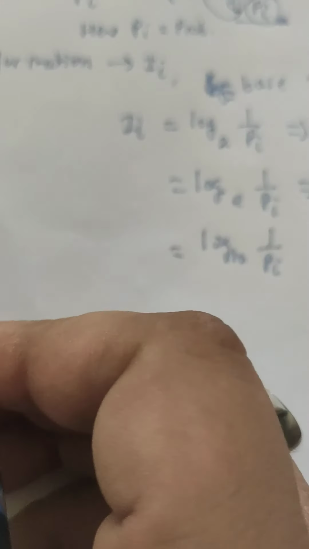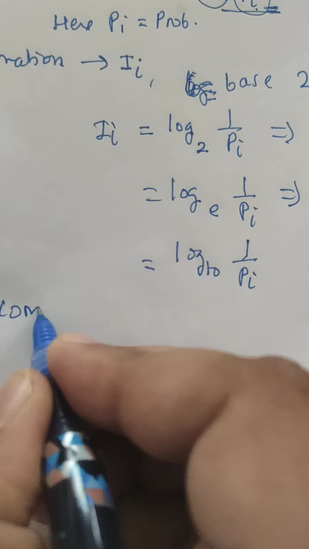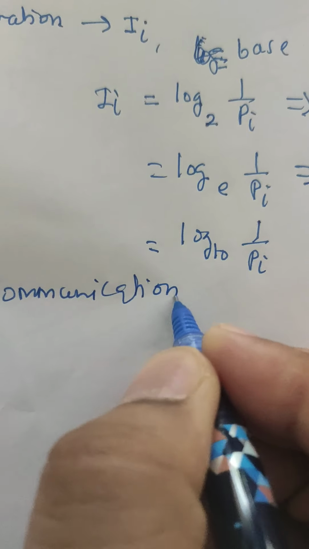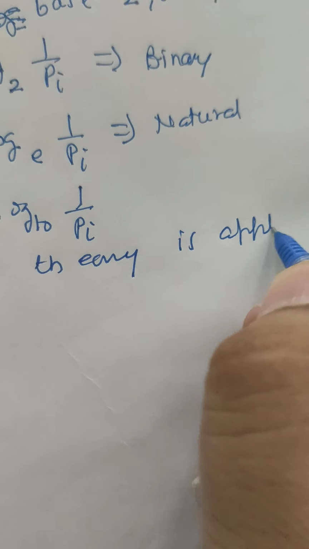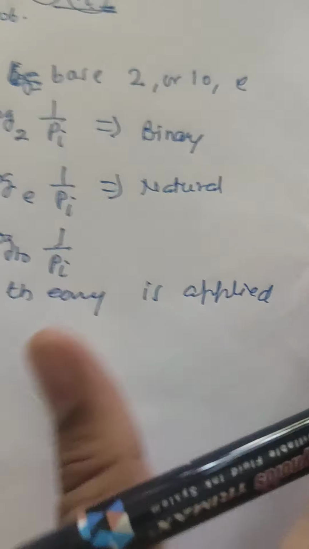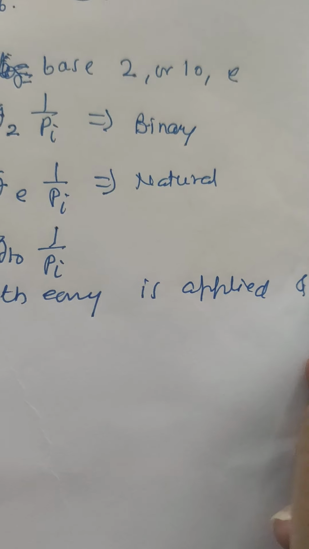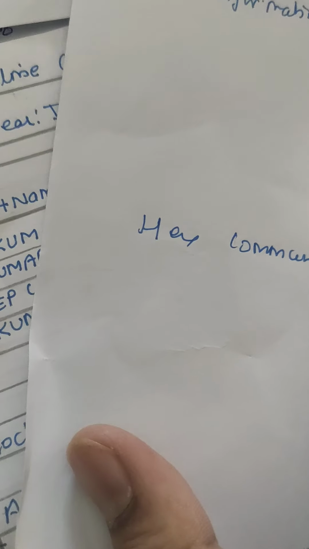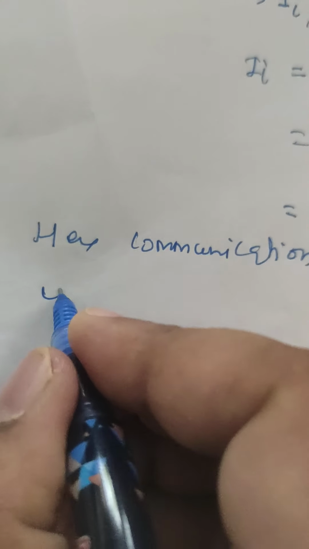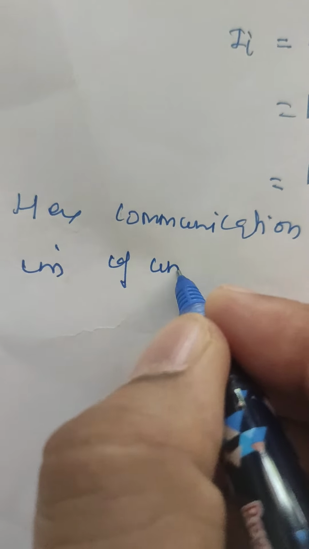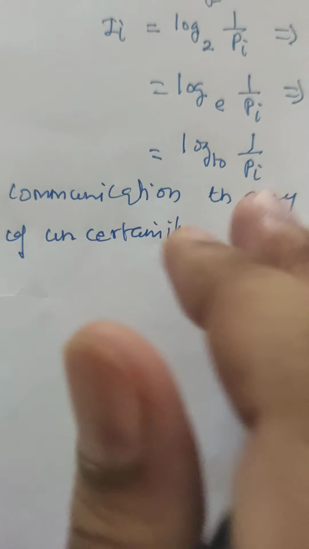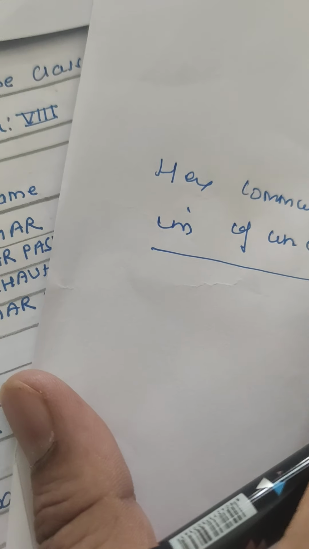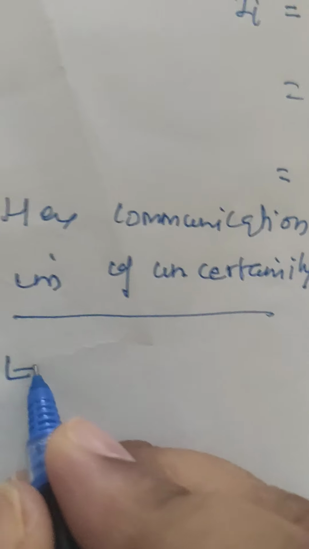Here communication theory is applied and used in the form of uncertainty, which is known as entropy.